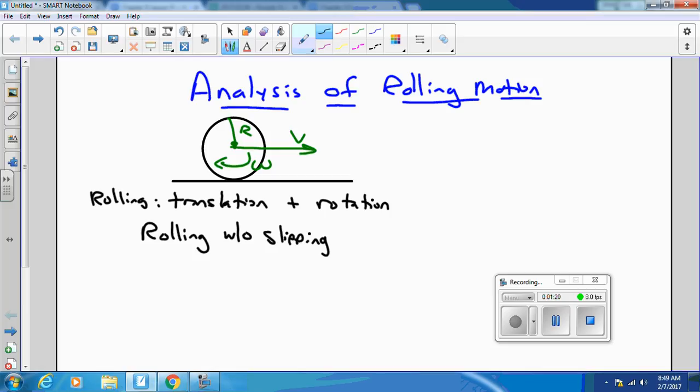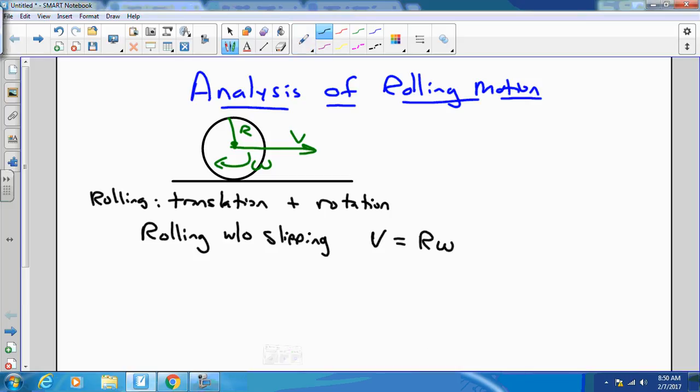If we have the idealized model of rolling without slipping, then we have the additional connection between the speed and the angular speed, which is that the speed of the center of mass is going to be equal to the radius times the angular speed. And the reason for that is very simple.